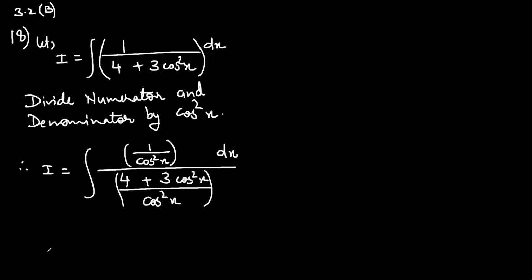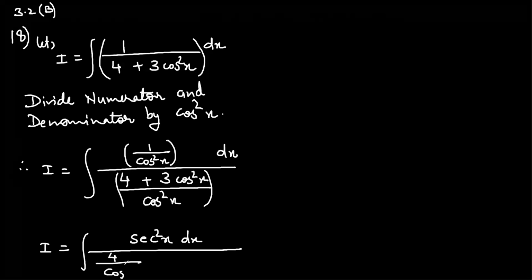I write 1 upon cos square x as sec square x dx, and here I will split the denominator. So when I split, I get 4 upon cos square x plus 3 cos square x divided by cos square x.